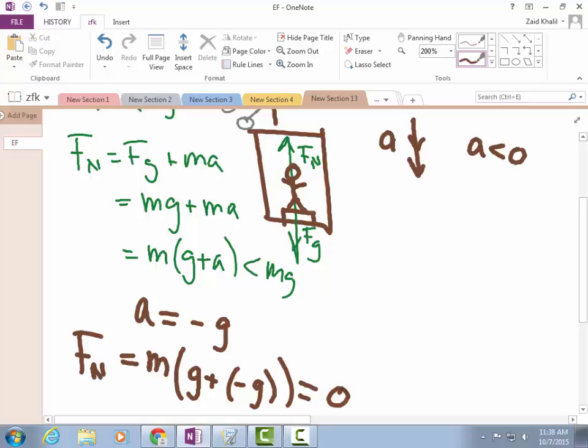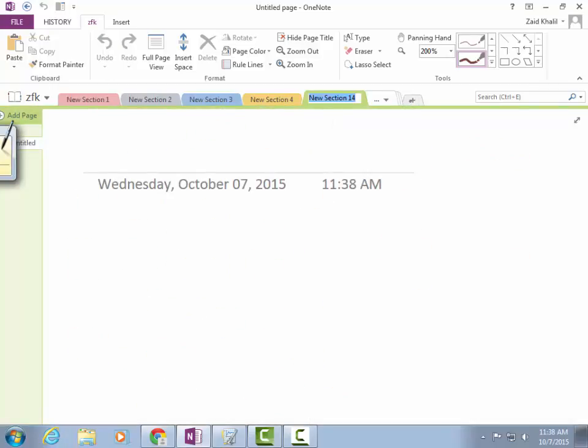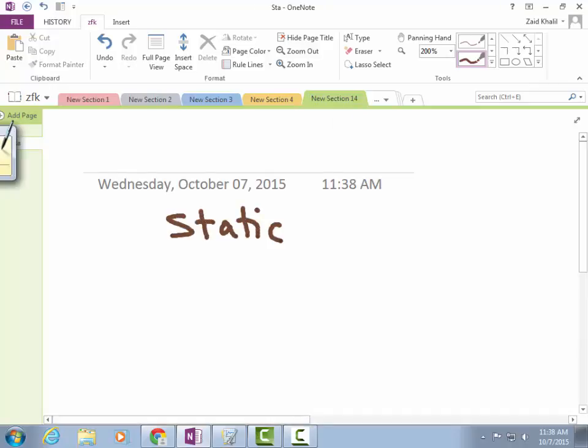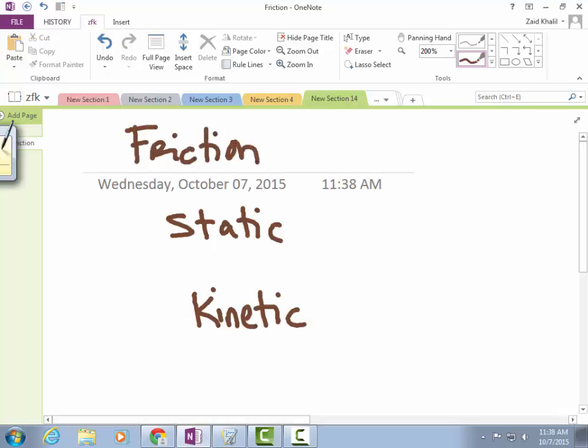Now, let's talk a little bit about friction. There are basically two types of friction: static and kinetic. One thing that's shared between both of them is that both oppose the relative motion of an object and the surface it's on.